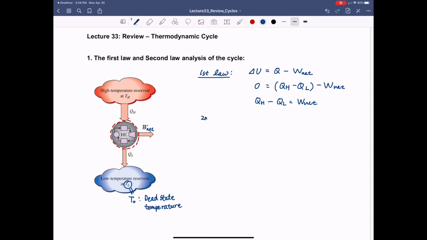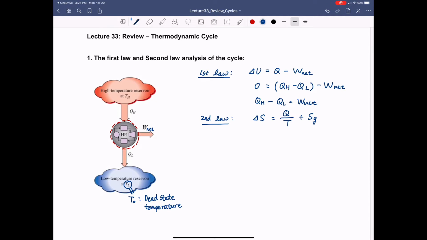Then how about the second law? The second law of thermodynamics can be written as delta S. The change of the entropy of your system is due to the entropy transfer plus entropy generation. Okay. So again, because the system is the cycle, the entropy change of the system should be 0.